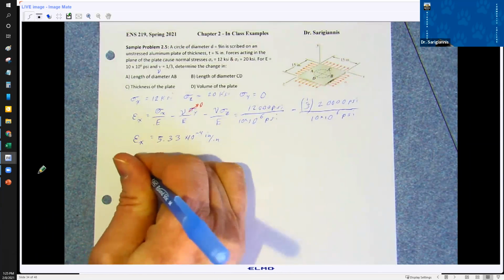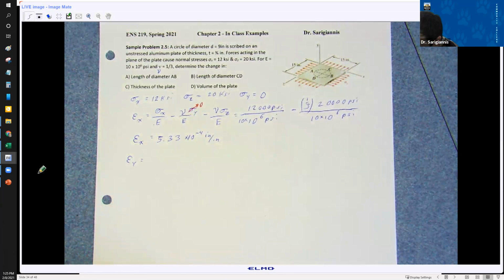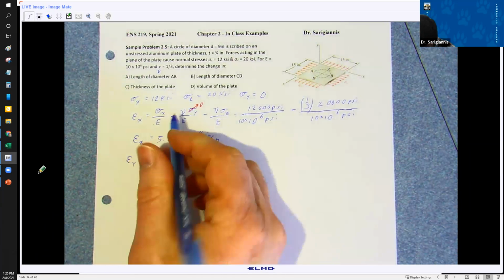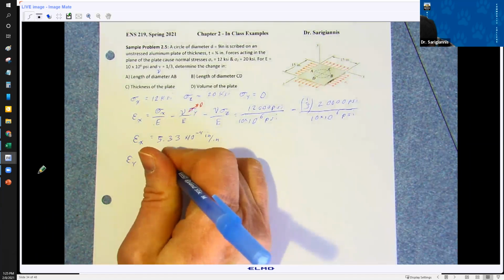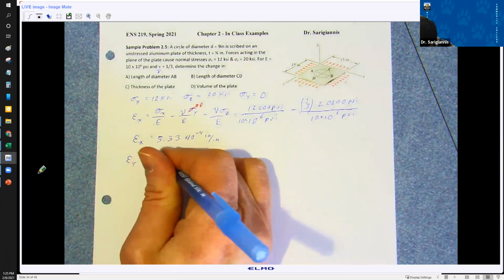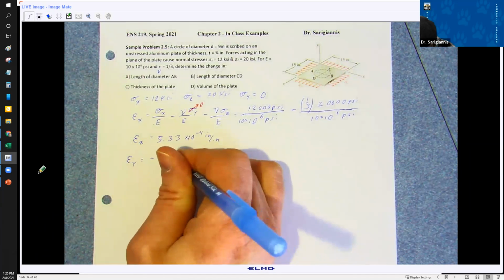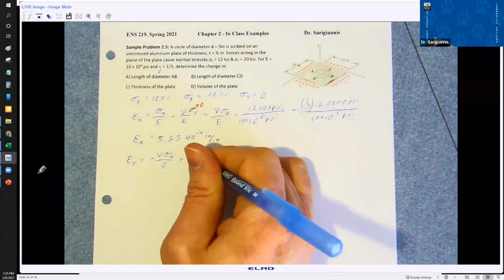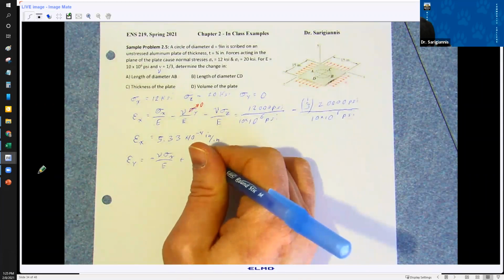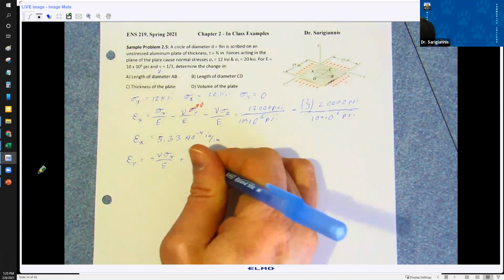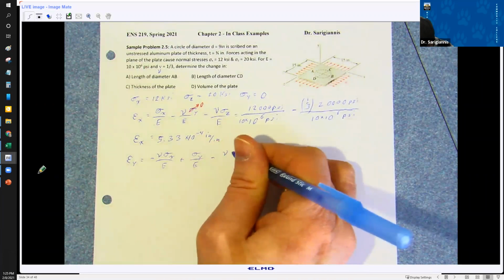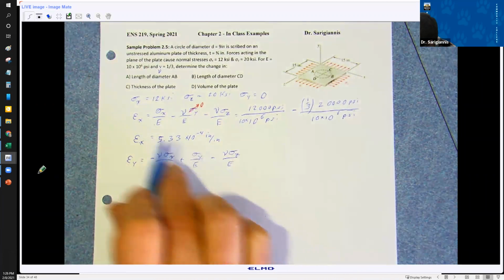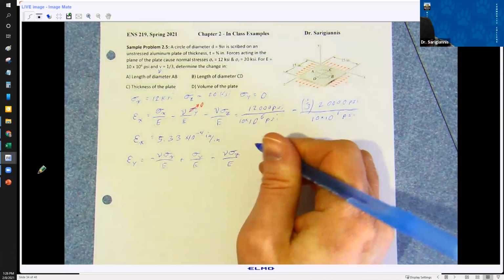Epsilon Y, let's look at epsilon Y now. There's still going to be some strain, right? Because we've got all these terms. So I'm going to write out, it's going to be negative Poissons ratio sigma X over E plus sigma Y over E minus nu sigma Z over E. I'm using a nu, I guess I should call it V, I don't know.